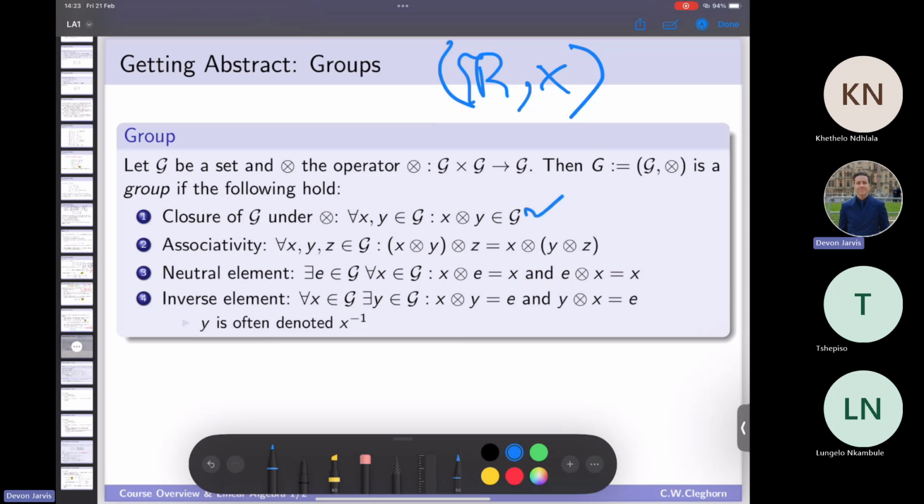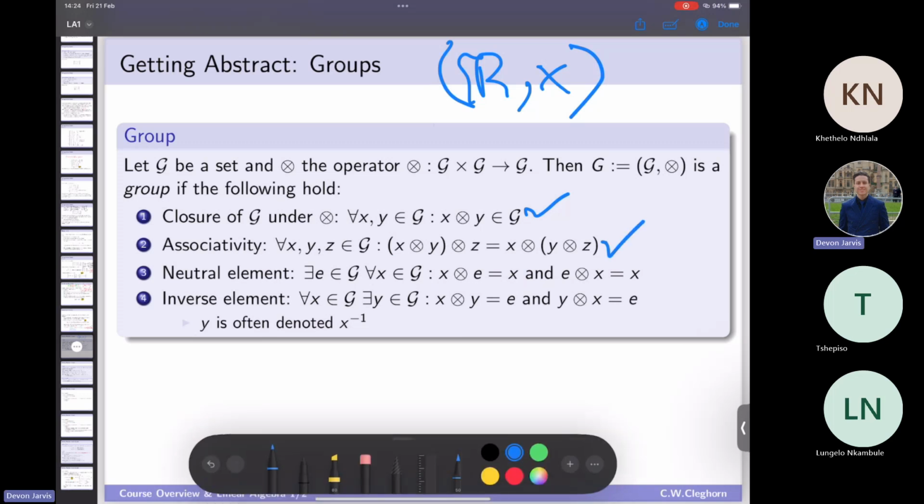You do. Okay, so we have closure. If I take any three real numbers, x, y, z, if I first go x times y, get a new real number, multiply by z, will that be the same as if I first go y and z, get a new number, multiply by x? There we go. Yes. All right, so we're all happy.